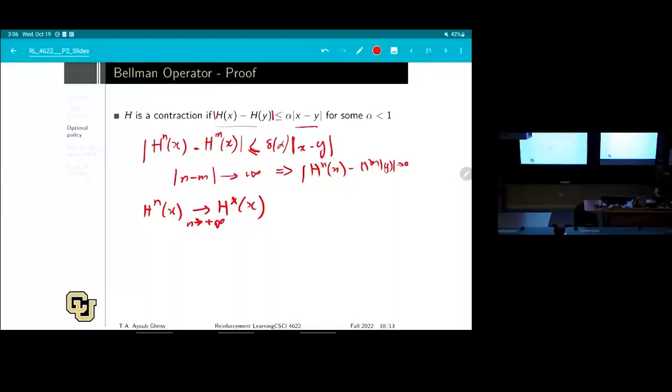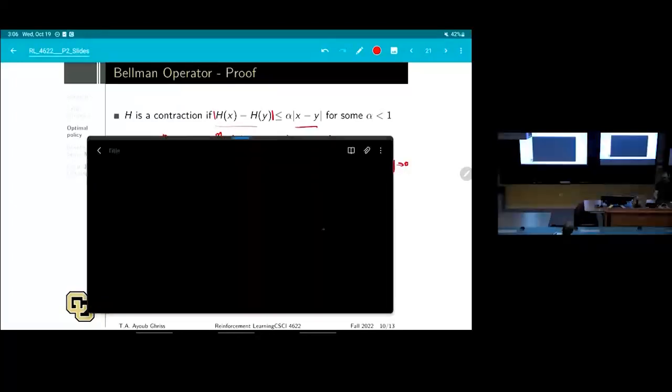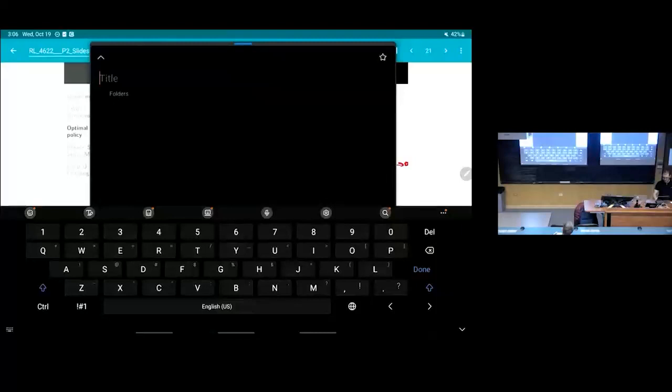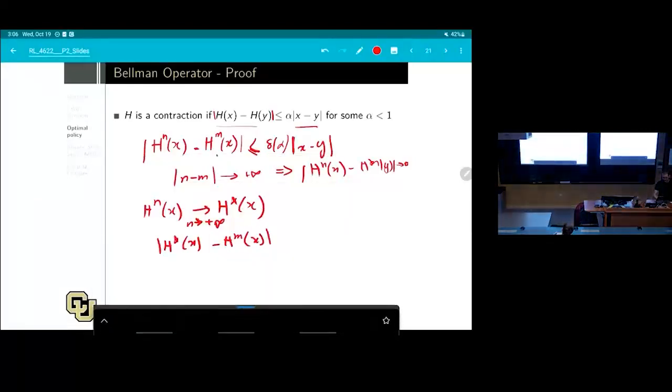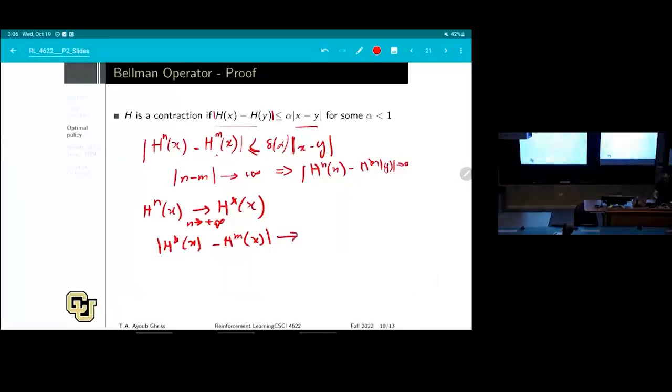So if I substitute in here, I'm going to have H star of x minus H m of x is lower than some delta of alpha. The bound goes to 0 as m goes to infinity.